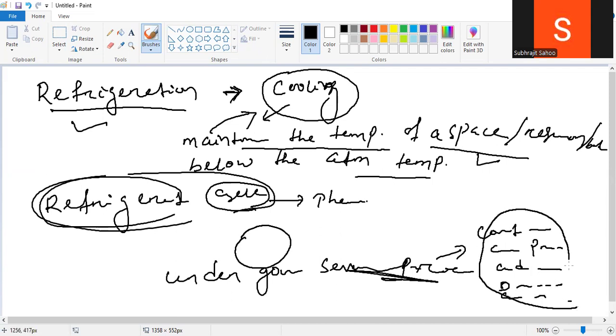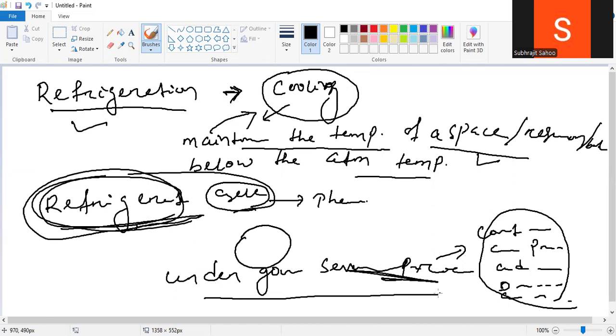All these processes may be involved here, maybe, not sure. So how will this refrigerating effect or cooling effect be produced? It will be produced by undergoing several processes.